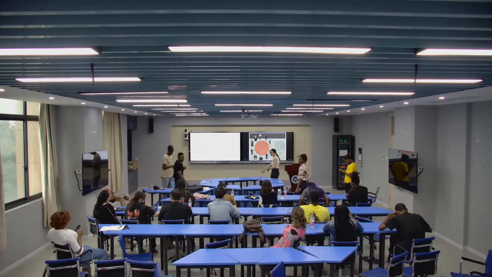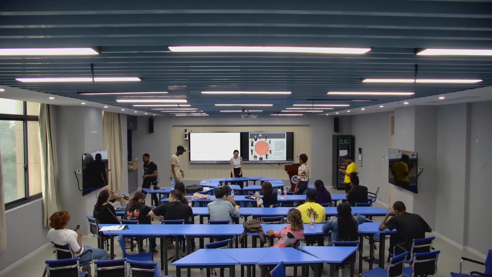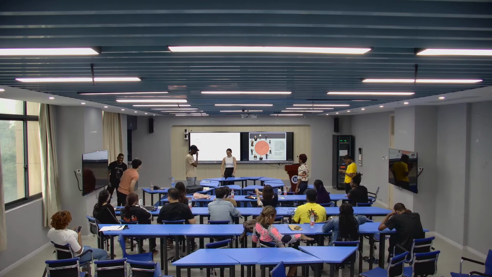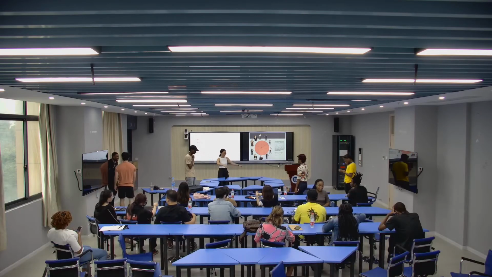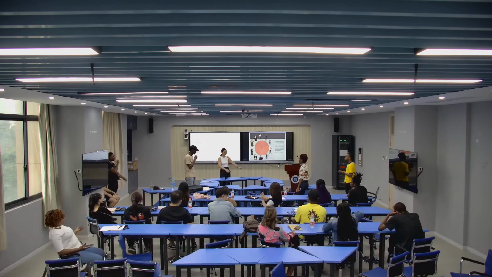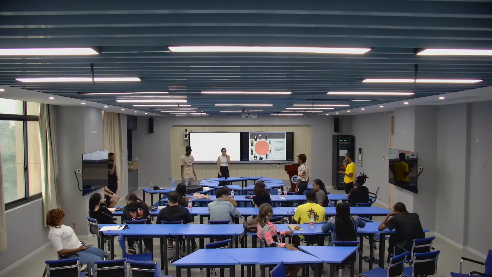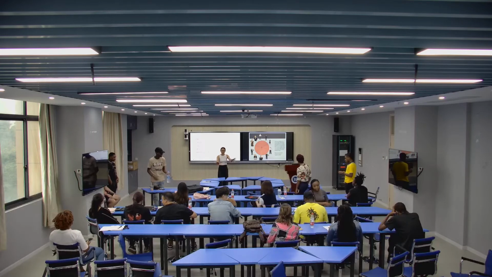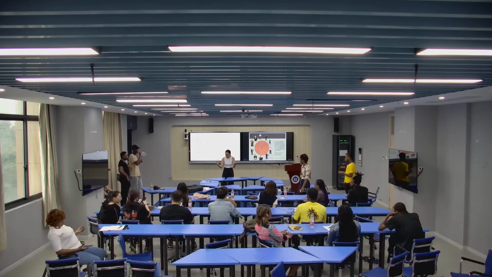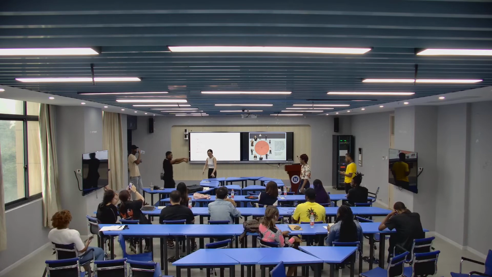Let's pretend this is a round table. How many tables do you have here? 1, 2. I need 10. 1, 2, 3, 4, 5, 6, 7, 8, 9, 10. Perfect. So we have 10 sides here. Can I have 10 people? I'm always eager to participate.